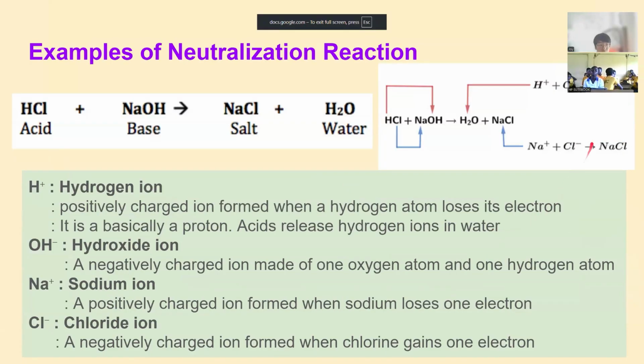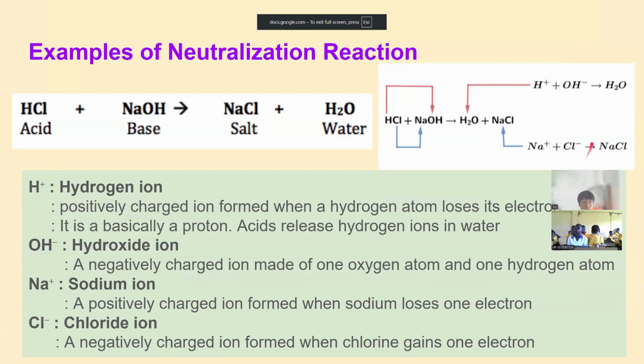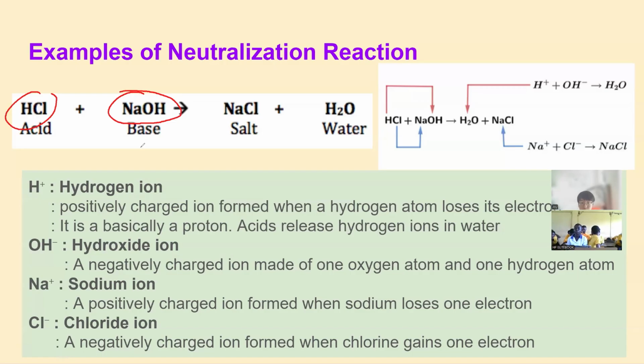Let's look at some examples of neutralization reaction. We have HCl, which is an acid, and NaOH, which is a base. It forms salt and water. But let's look at this component-wise, to see if this makes sense.